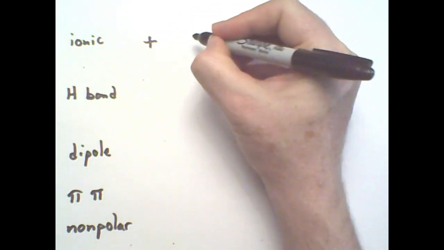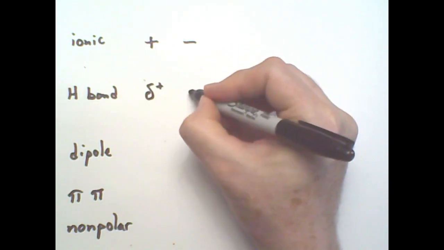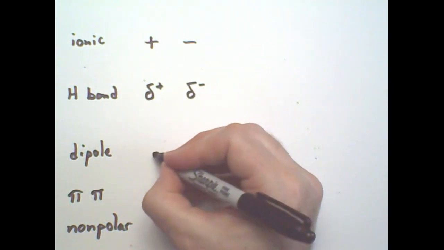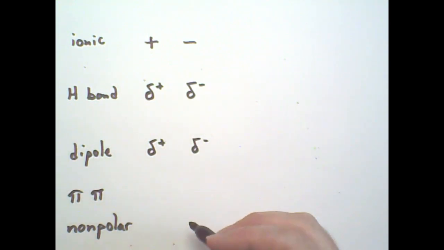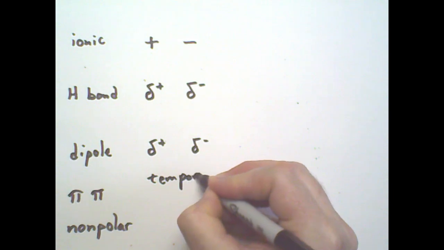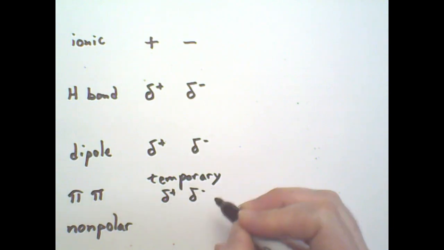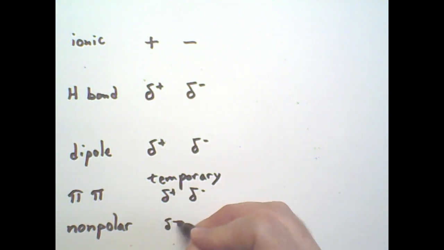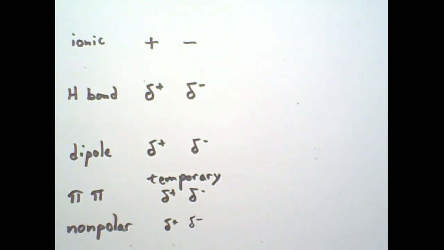We had a plus, we had a minus, we had a partial plus and a partial minus. Same with dipole. And here we've got temporary partial plus and partial minus, and very small temporary partial plus and partial minus. So we have the size of the charges.